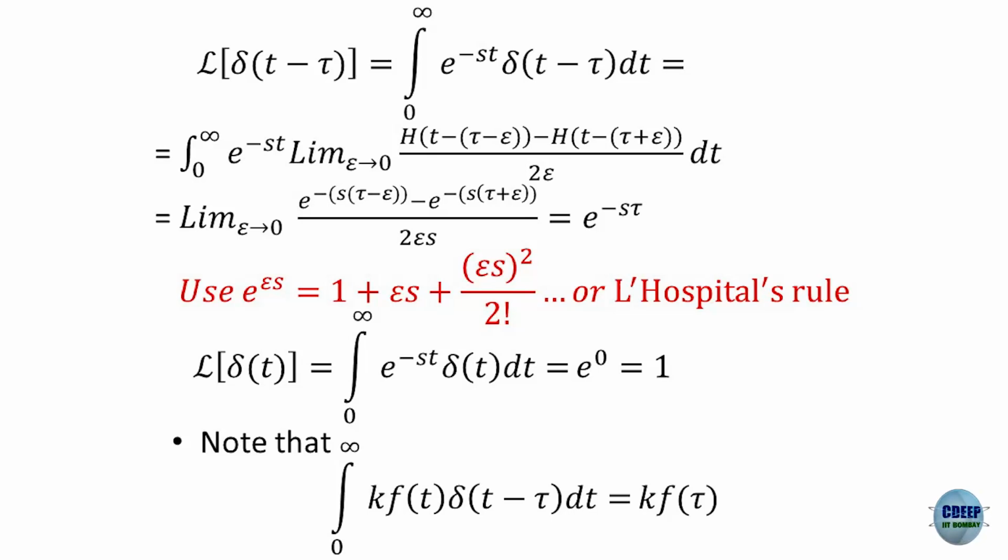You can therefore also say that the Laplace transform of the delta is equal to unity, because tau is equal to 0. Another thing we mentioned is that k times the delta function, when you integrate, gives you k.